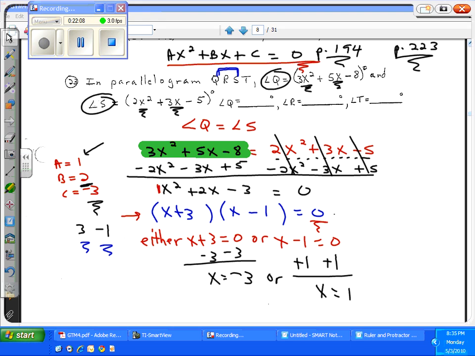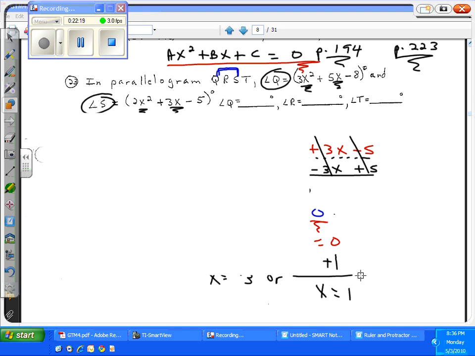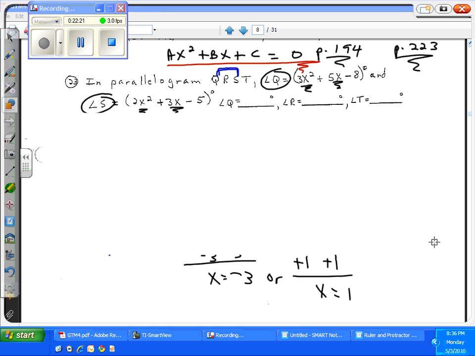So we have choices of what to plug in for x to find our q and our s, and we will plug them both in and take whatever is acceptable. So I'm going to get rid of that, and we're going to focus now on our choices for x of negative 3 or positive 1.